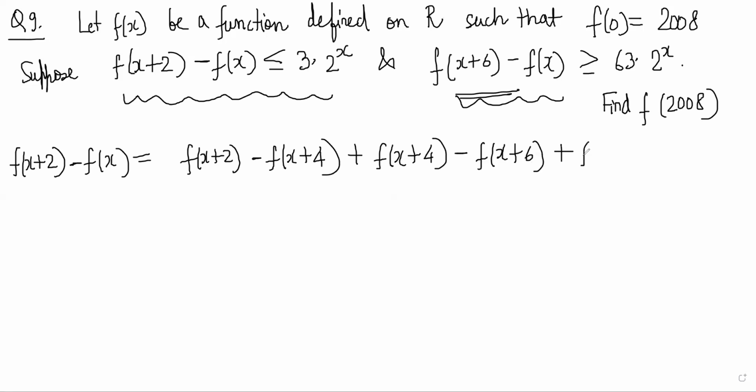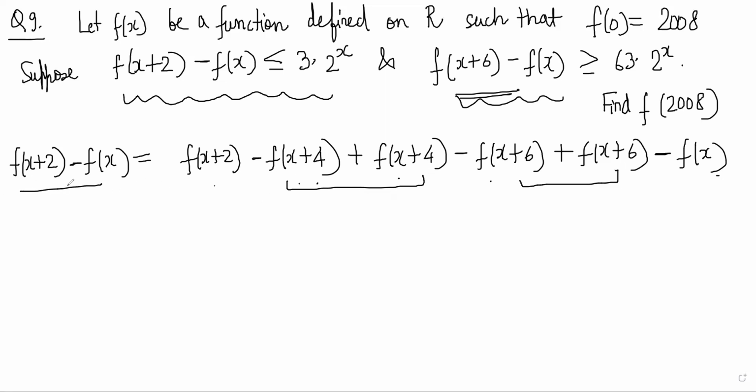And then a plus f of x plus 6 and a minus of f of x. I'm basically writing all the terms that are missing: f of x plus 2, f of x plus 4, f of x plus 6, and f of x. And I have done minus plus here and minus plus here in order to ensure that my overall inequality is not changed. F of x plus 2 minus f of x is still the same.